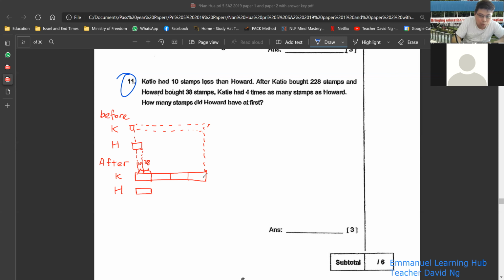Okay, if from this point to this point is 228, do you agree this one is 228 minus 10 minus 38? Yes. Okay, 228 minus 10 minus 38. Ask Mr. Calculator, our good friend calculator would report to you 228 minus 10 minus 38 is how many? It's 180.